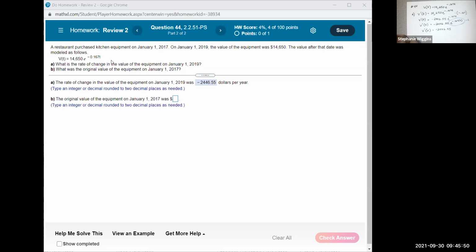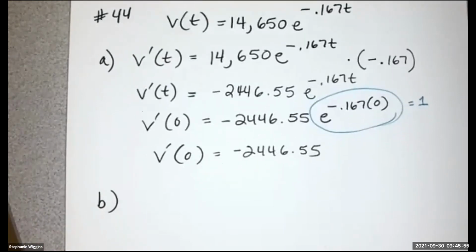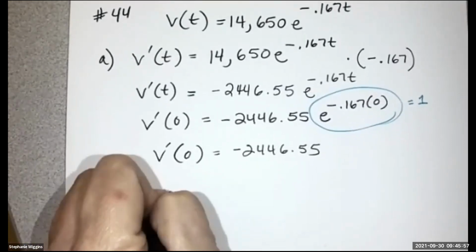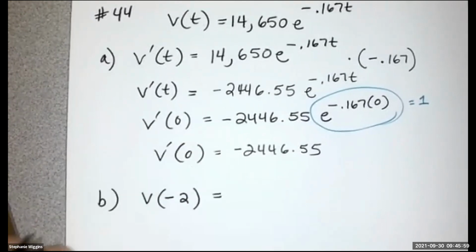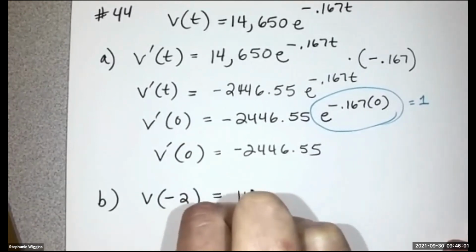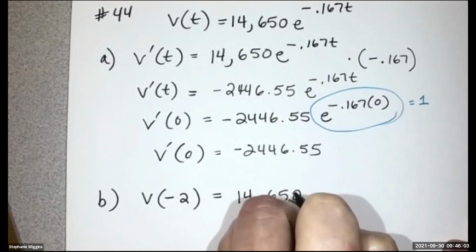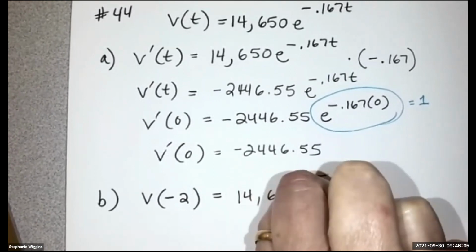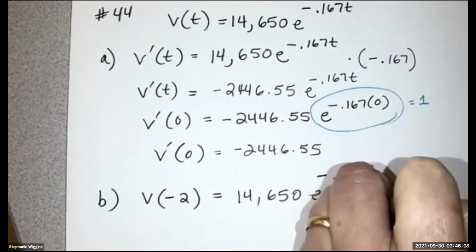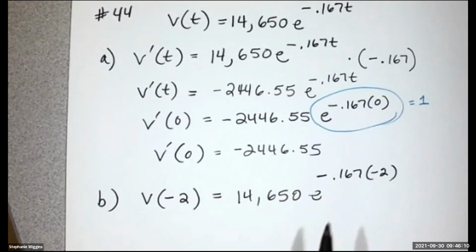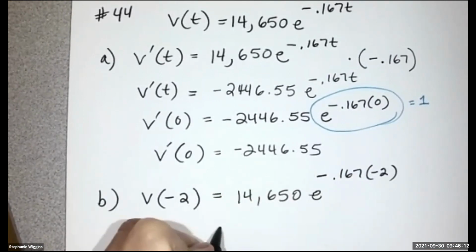So part B, I'm going to calculate V of -2. So I'm taking 14,650 e to the minus 0.167 times -2. I'm going to enter that into my calculator.